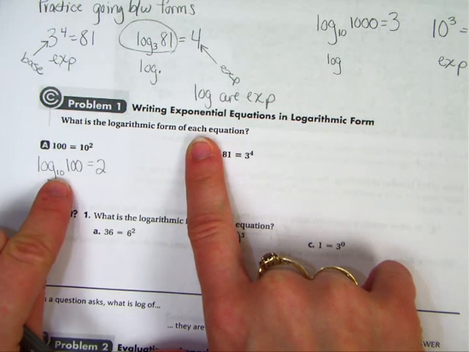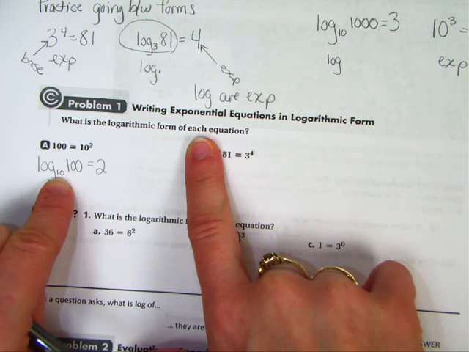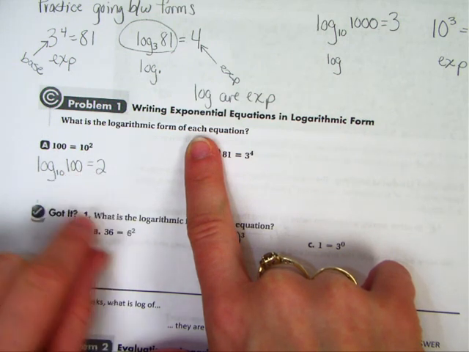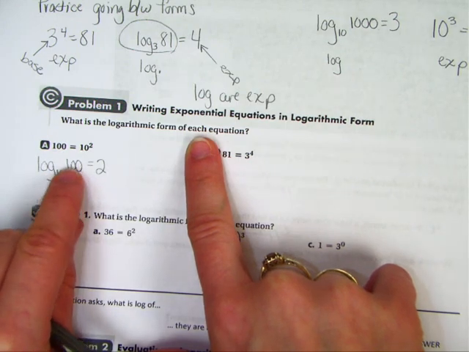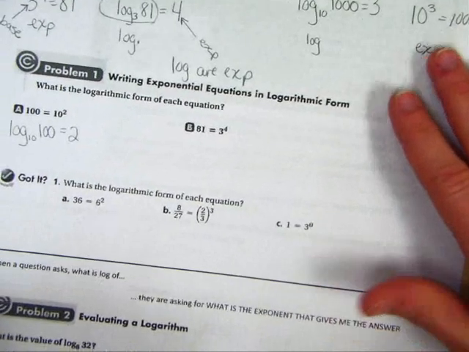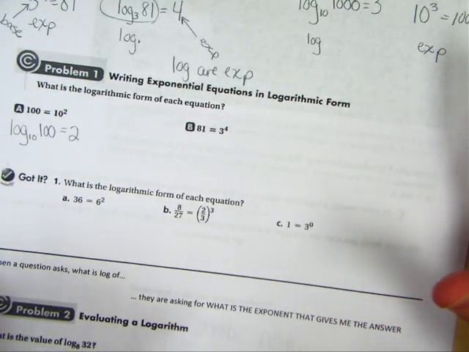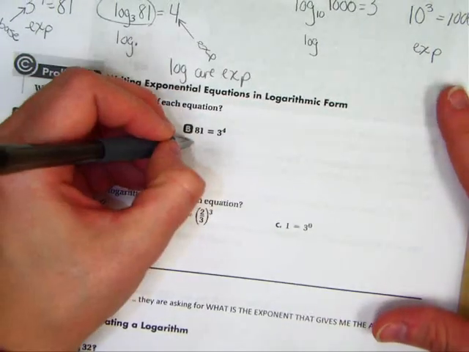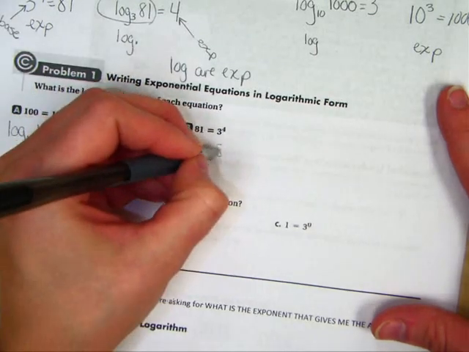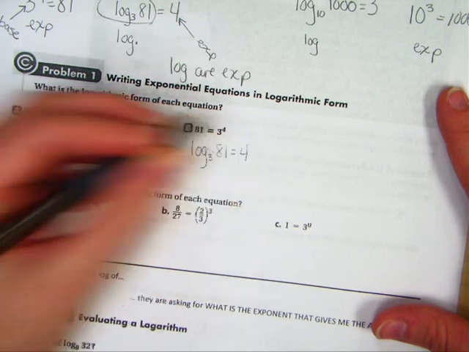Notice how your base goes beside the log to indicate what base you're working in. Your exponent is the answer, and what you're trying to get to, that's the big one right there. Let's rewrite part B. Take a moment and try it yourself. You should write log base 3 of 81 is 4.